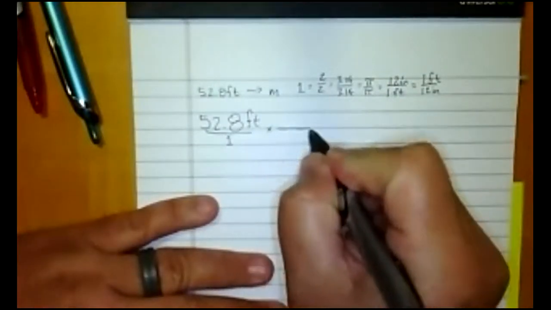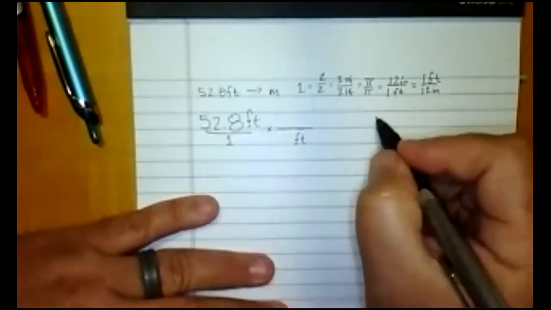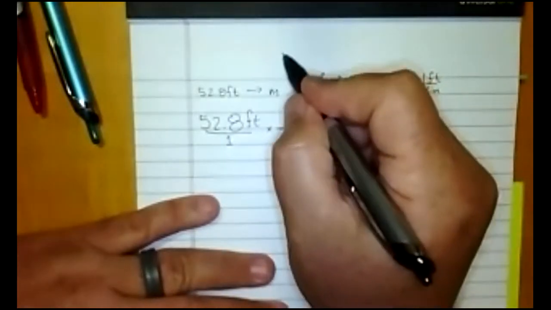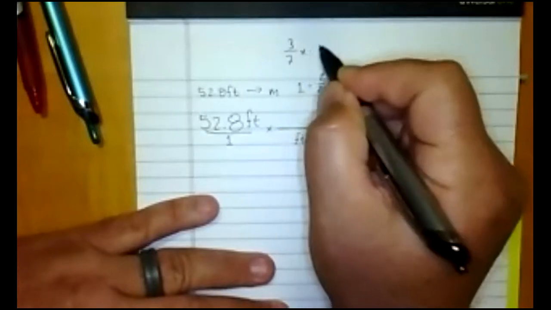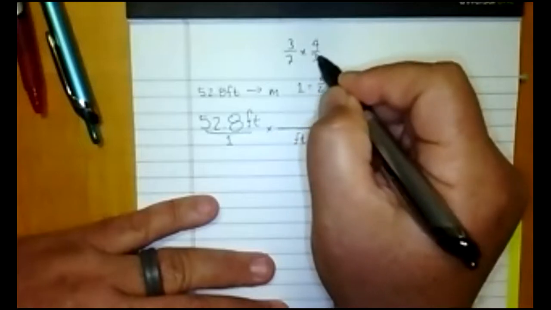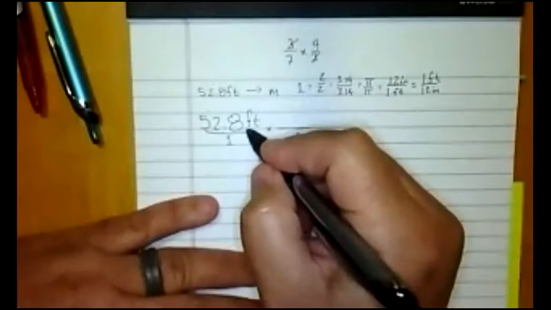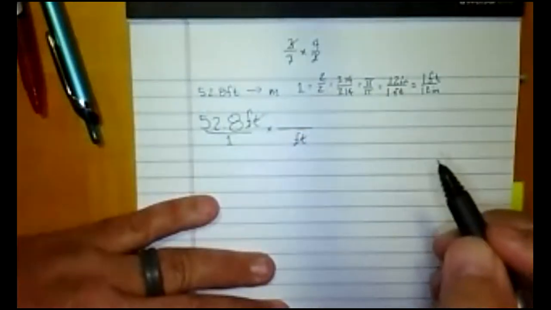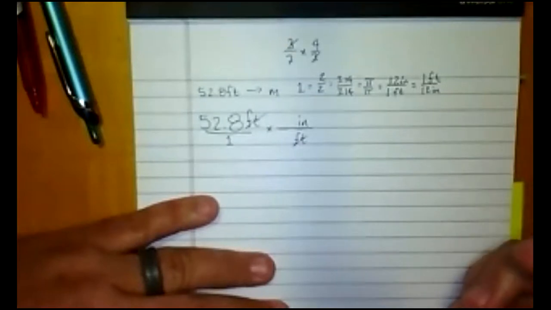If I did put the feet down in the bottom like this, just like when you reduce fractions, say from 3/7 times 4/3, that 3 cancels out with that 3 there. The same thing happens with the feet. That feet will cancel out with that one. So then I just have to make sure inches is up here, and that'll get me a conversion to inches.